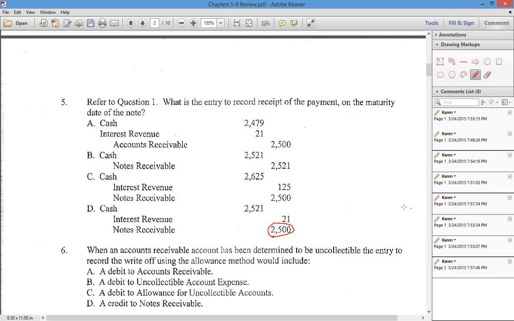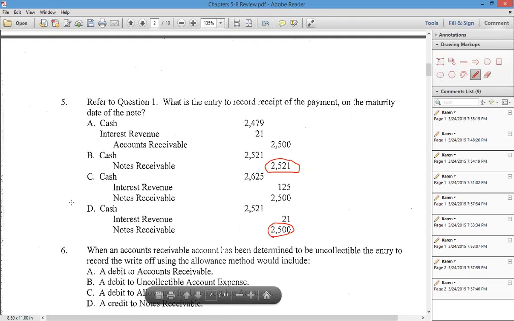If I had chosen B, then I would have had a credit balance in notes receivable for $21. So the correct answer to this is D.